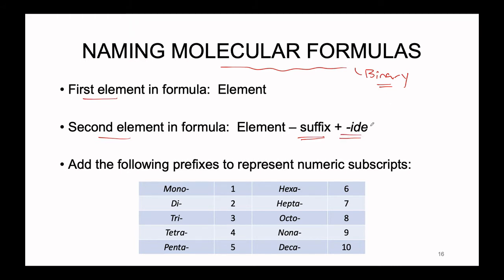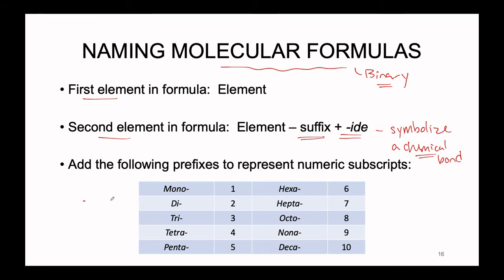This is going to, in much the same way as it did before, symbolize a chemical bond. So notice that the way that we name the second element here is not unique to the anions, right? It doesn't symbolize that we have an ionic versus a molecular bond. It just symbolizes that we have a chemical bond. There is a compound present here.